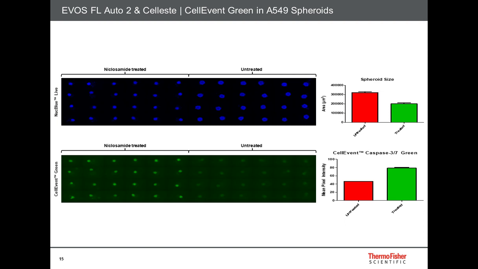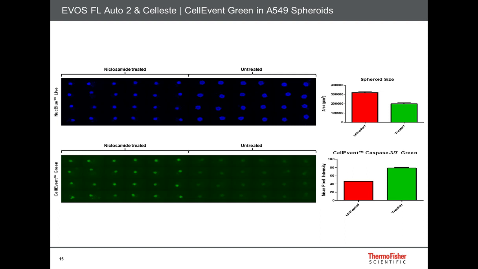And also in the bottom panel, we see our treatment increases the level of a green signal reporting caspase 3 and 7 activity. And so we see our treatment significantly increases the signal of caspase reporting apoptosis. So we can perform this kind of analysis on the EVOS microscope.